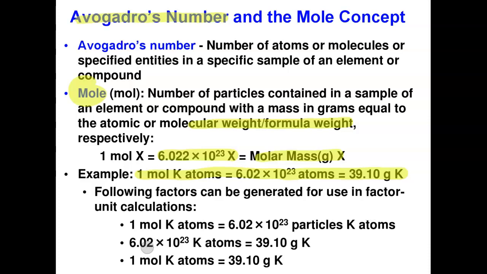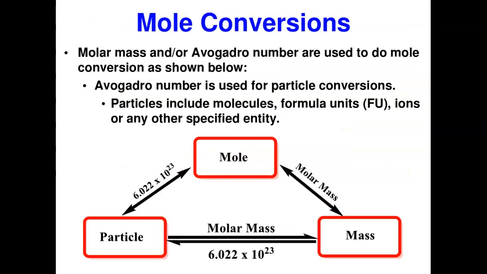We can also say that 6.022 times 10 to the power 23 potassium atoms is equal to the mass of 1 mole of potassium, which is 39.10 grams. And we can also say that 1 mole of potassium atoms weighs this particular mass in grams. So from this very fact, we have 3 conversion factors that we can use in solving different problems.